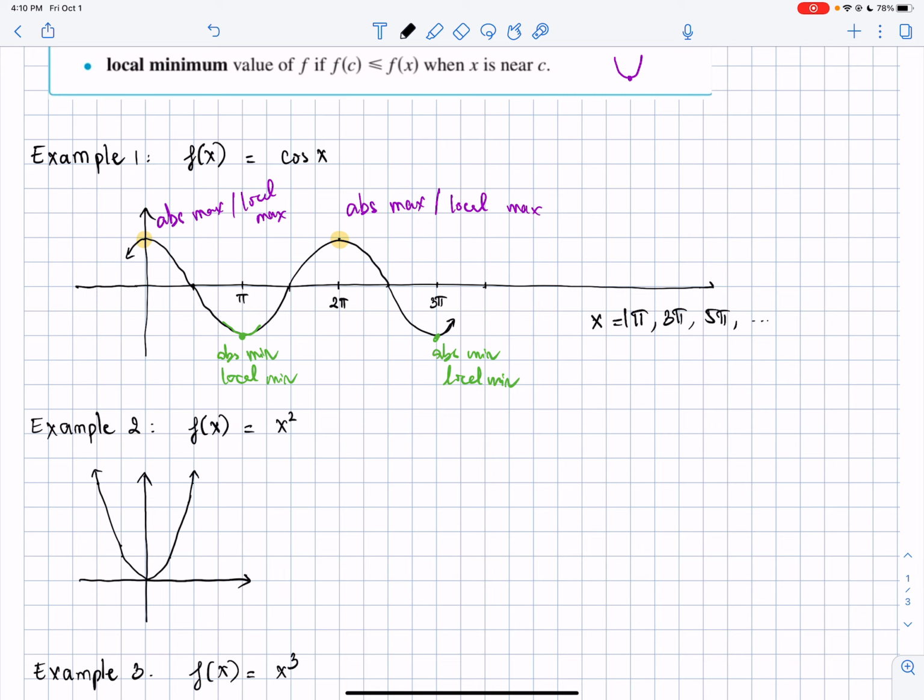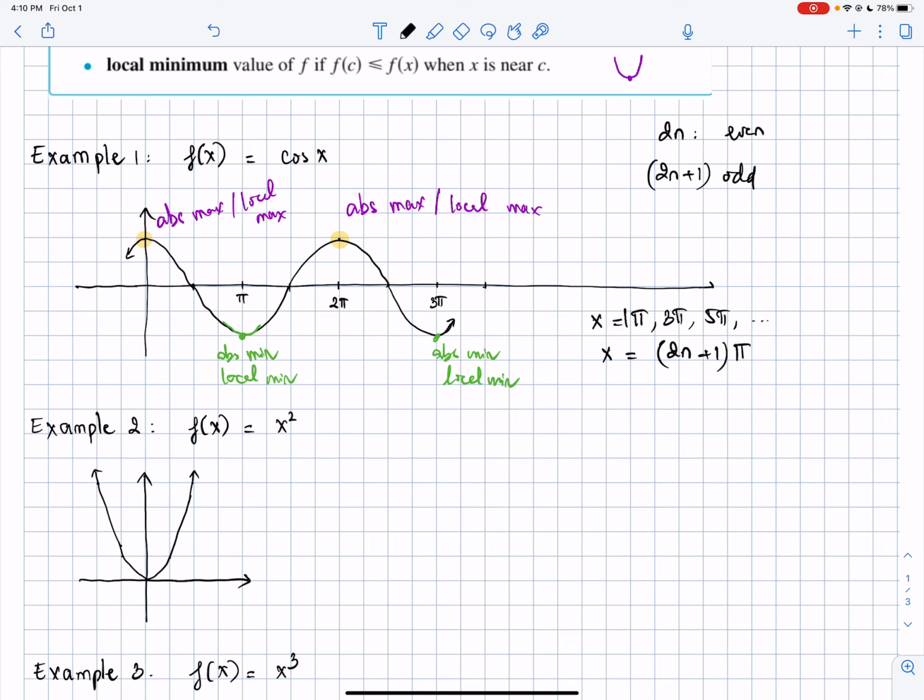So you can write it like this. In math, we use 2n to represent even numbers for any value of n, because when you put in the n value, 2 times that value will give an even number. And for odd, we use 2n plus 1. So x will be (2n plus 1) pi.